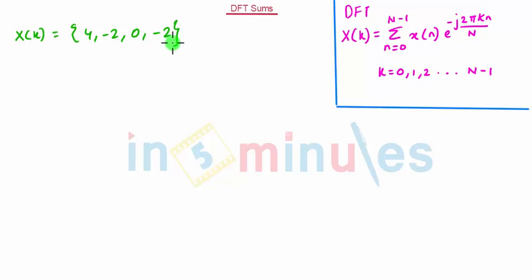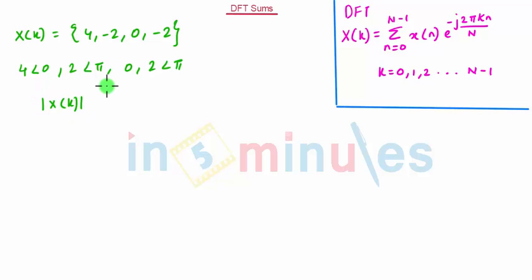For magnitude spectrum, we need to calculate the angles, that is converting the rectangular coordinates to polar coordinates. So it comes out to be 4 angle 0, 2 angle pi, 0, 2 angle pi. For magnitude spectrum, we also know that to calculate the magnitude, we have to find mod of x of k.